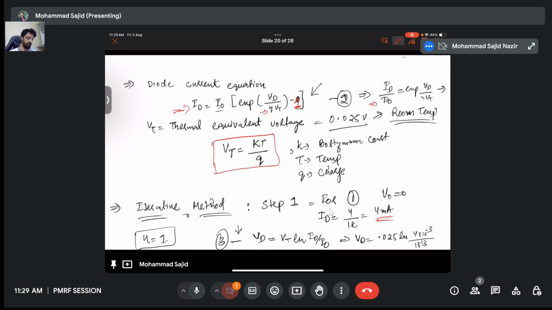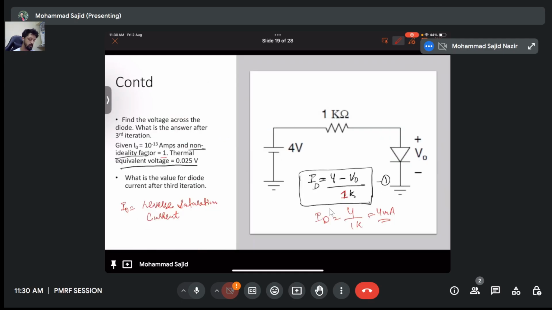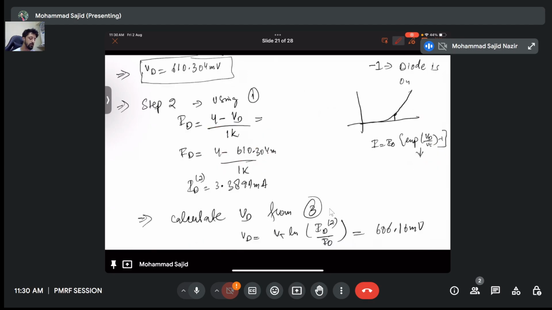Now if I rewrite this equation, VD is equal to VT ln of ID by I naught, equation three. So VD is 0.025 ln of 4 milliampere by 10 to the power minus 13. Solving this, you will get V naught of 610.304 millivolts.